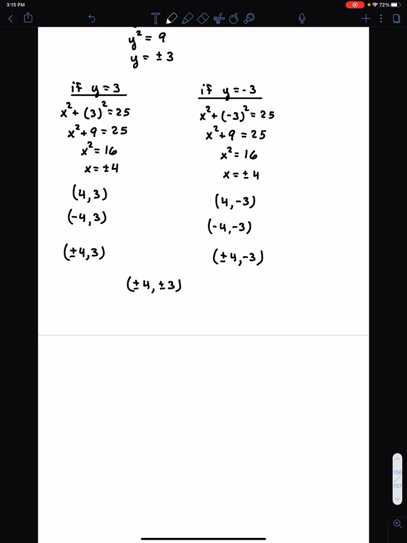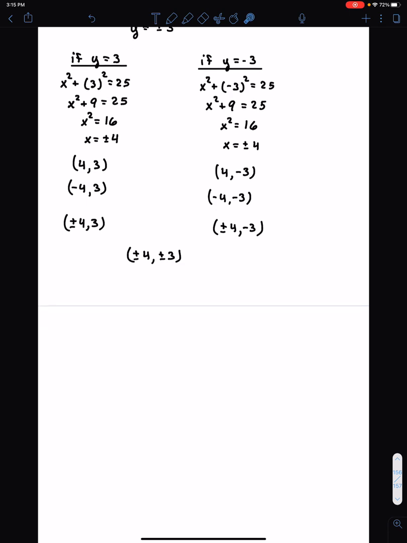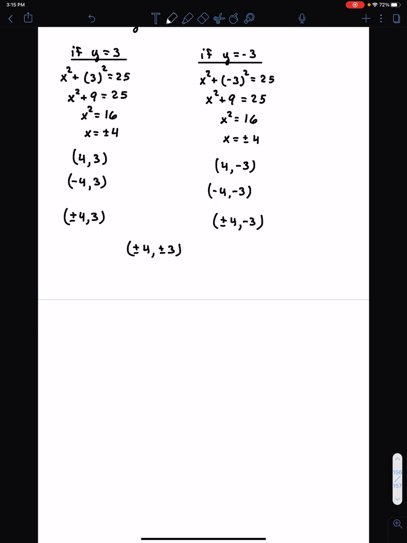But I will only accept whatever the system will give credit for, which means 2 answers this way and 2 answers this way. So those are my 4 solutions.